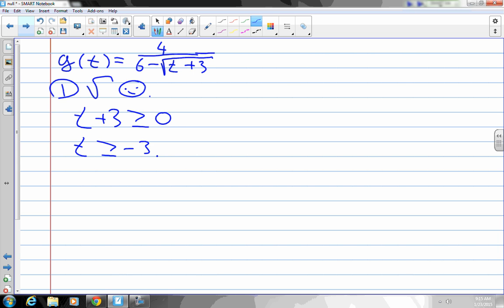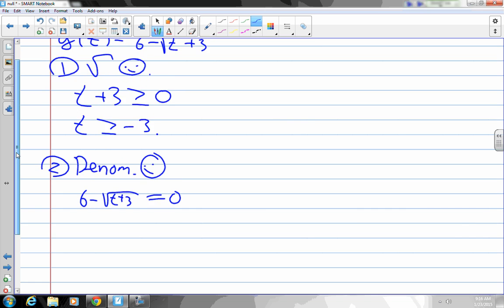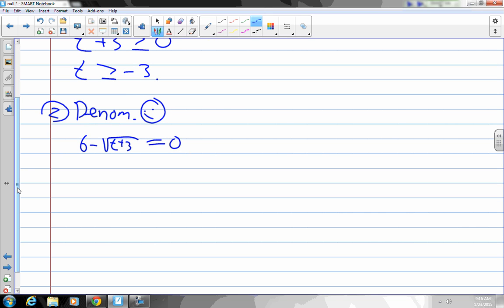Now I need to go back and solve the denominator, the entire denominator, to make sure that it's not 0. So I'm going to take the denominator and set it equal to 0, solve it, and then make sure to exclude that number.